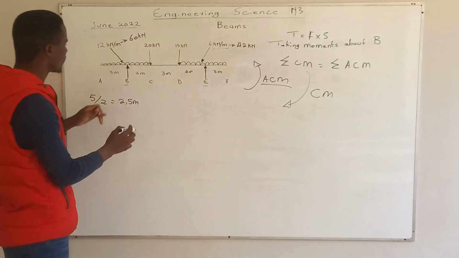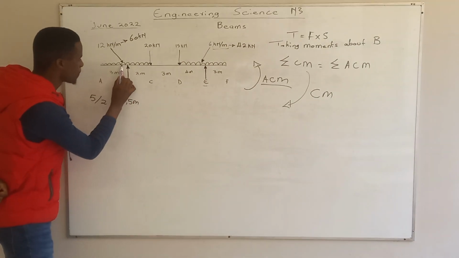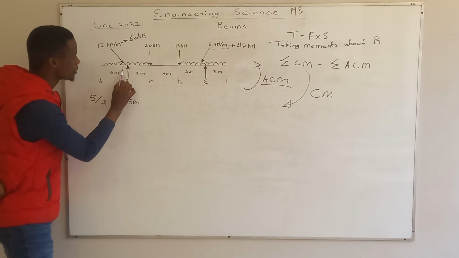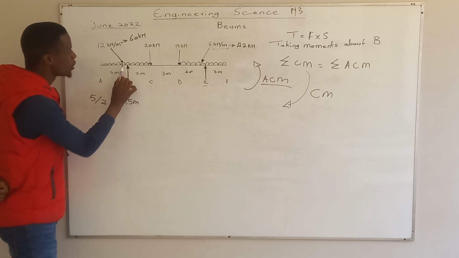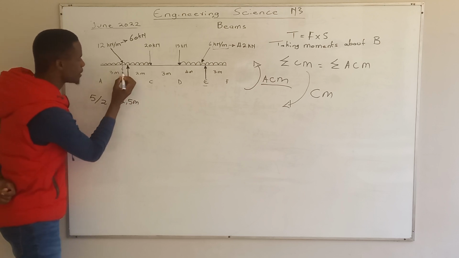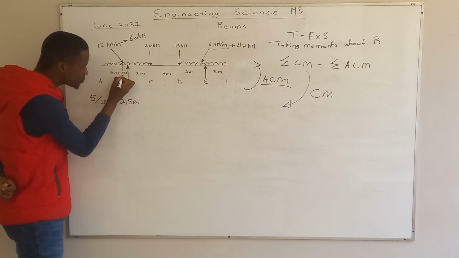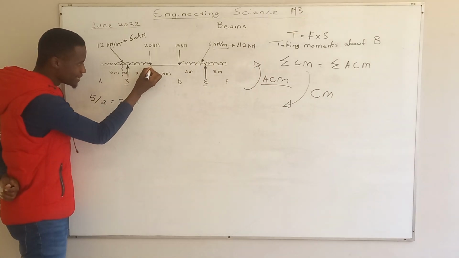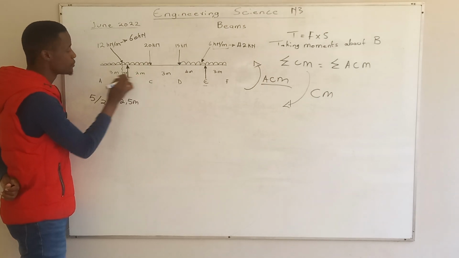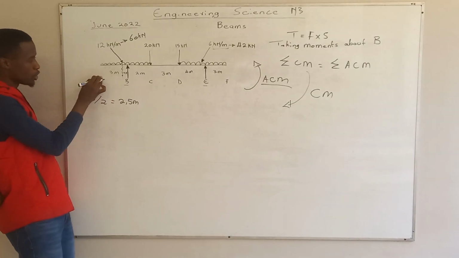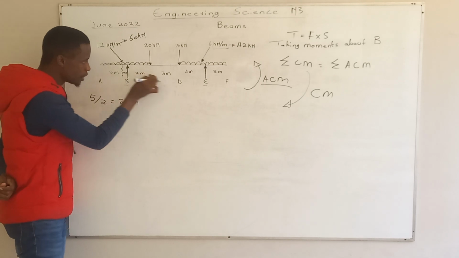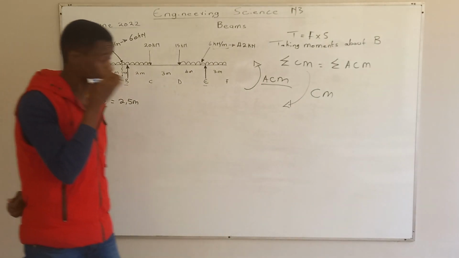So 2.5 meters, it's somewhere here. I'm just estimating. So if 2.5 is here, then it means here we're going to be having 0.5. So from this 0.5 to the end here, it's 2.5. So we're having 2.5 from here going this side, 2.5 from here going that side. I hope it makes sense.